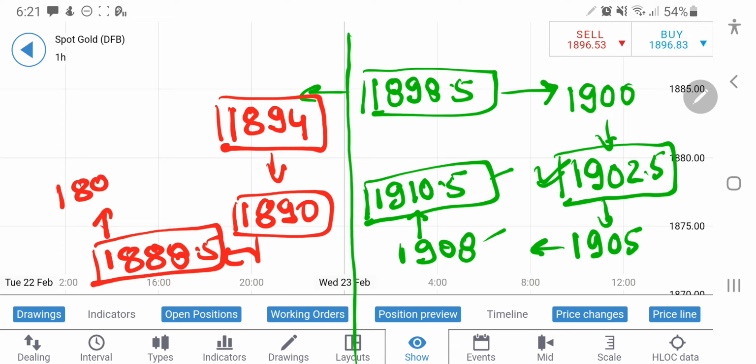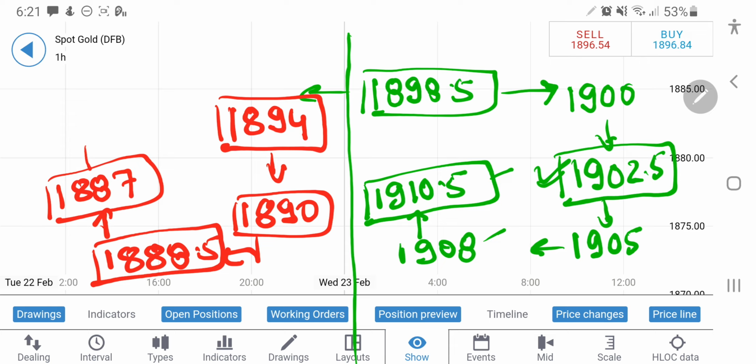1888.5, then 1887, see, very nearby resistance, and that is why we can see gold trading in an almost very narrow trading zone on the upside and downside both, because it has stronger resistance for any upside move and downward move as well. Breaking 1887 is critical.